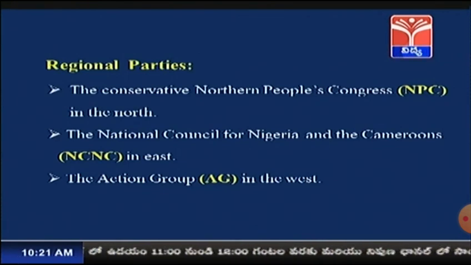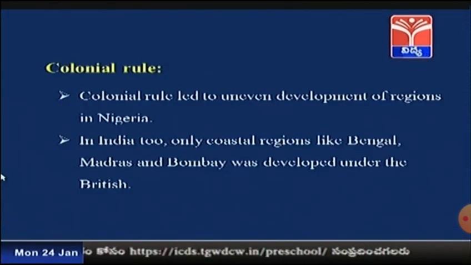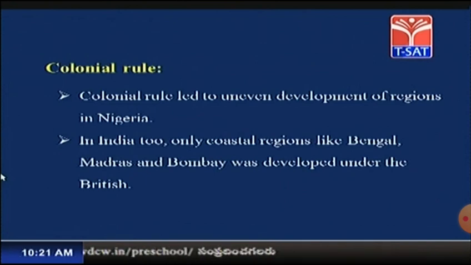Children, let's see the condition of colonial rule in Nigeria under the Britishers. Colonial rule led to uneven development of regions in Nigeria. So, it happened even in India also.